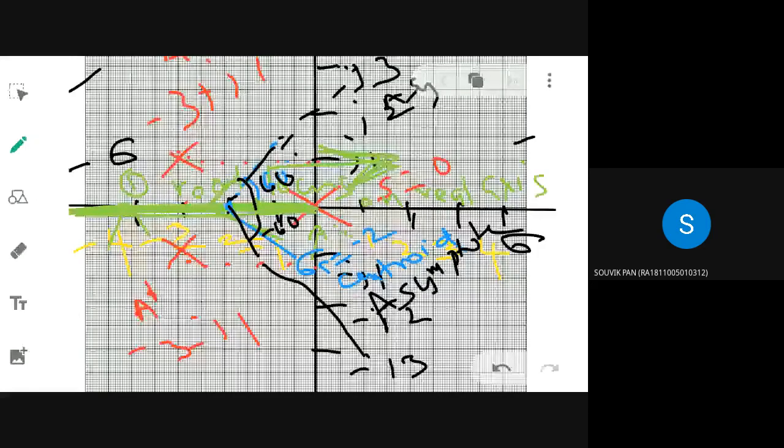Ma'am, when we have to do this in the theory exam on the graph sheet? Yes, you have to do it; 16 marks are awarded for a single problem. Ma'am, for the angle, do we take a compass or a protractor?